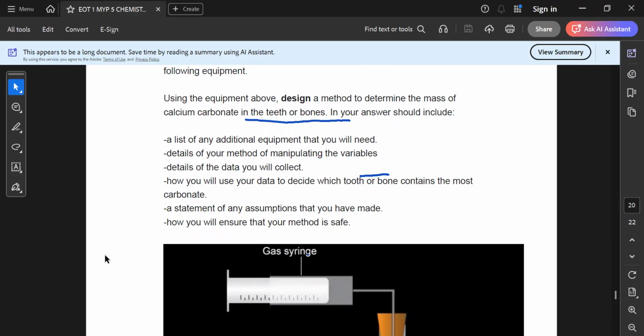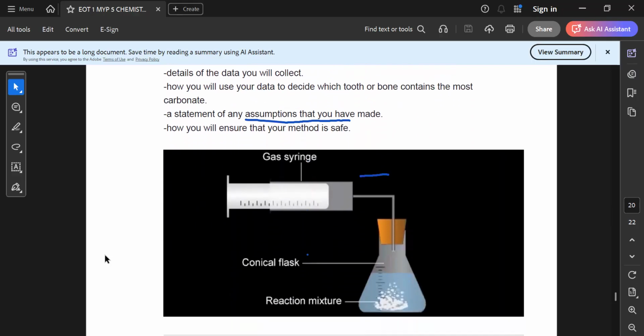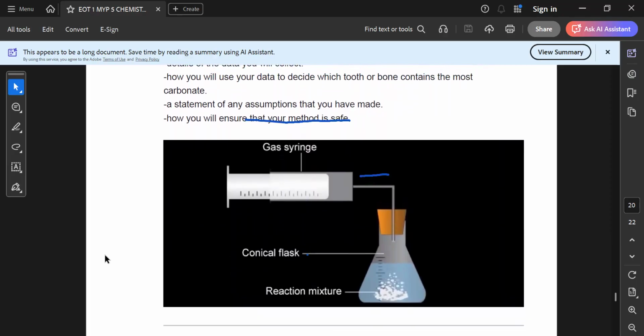Then you give a statement of any assumptions you made. Now, at times they say, how can you improve the experiment? What are the limitations? That's the idea. Now, assumptions: ask yourself, where could an error come from? Where are we sure that error will not happen? Normally, you observe. Look at the dependent variable you're measuring. You're measuring volume. Can the volume escape?